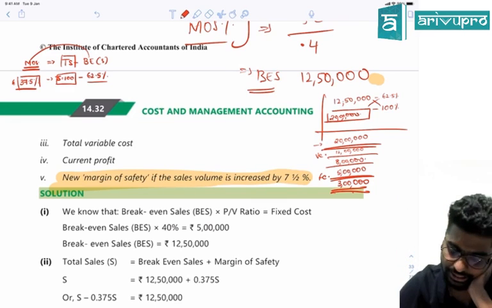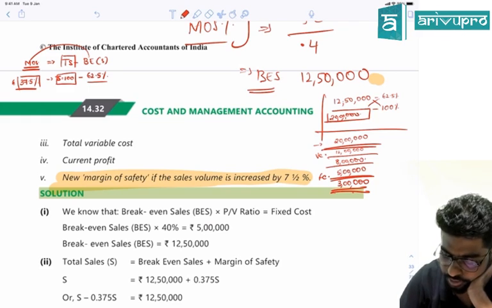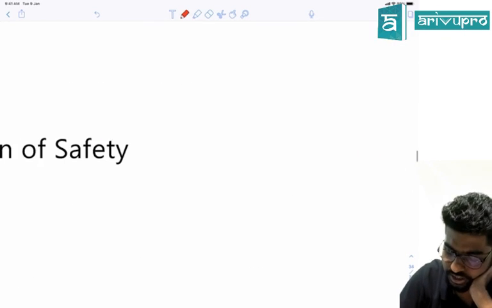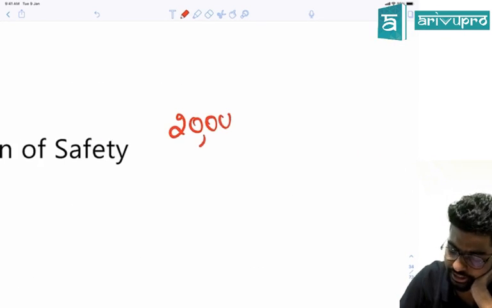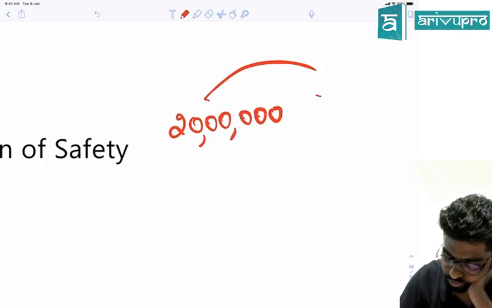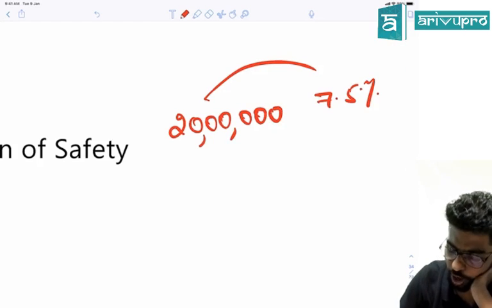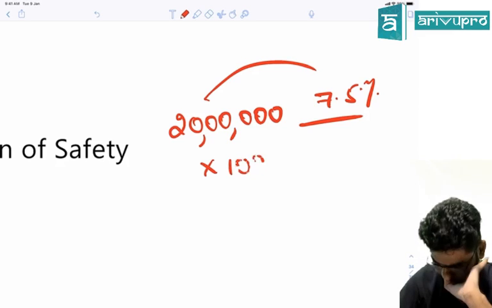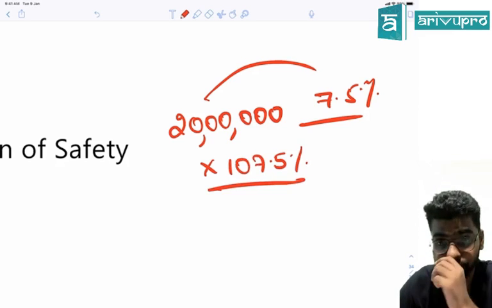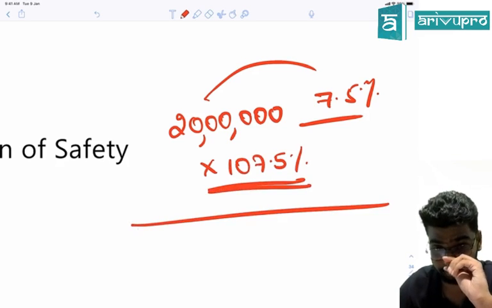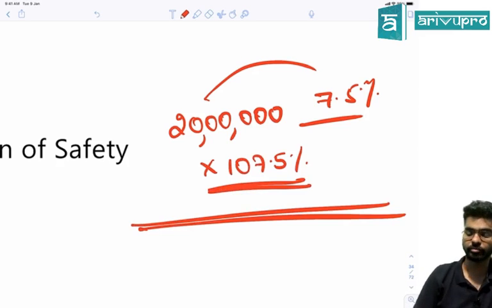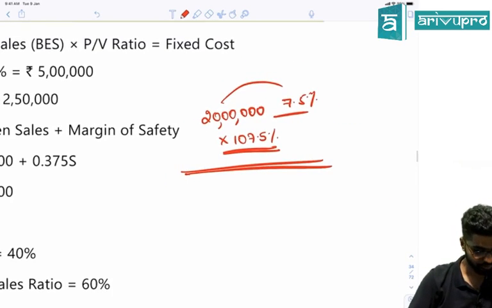Yes. So I'll increase my sales 20 lakh by 7.5%. How much will that be? 21 lakh.